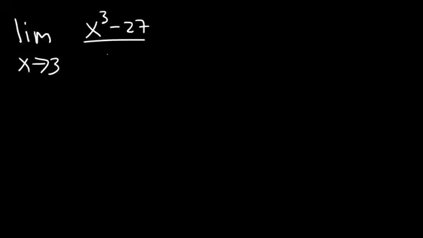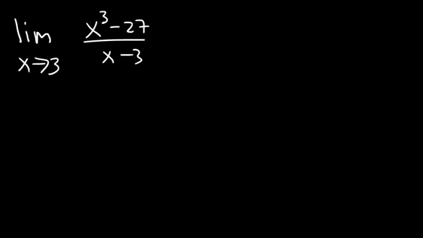But now what about this one? What is the limit as x approaches 3 of x cubed minus 27 over x minus 3? Now if we try to plug in 3, it's going to be 0 over 0, so we don't want to do that. In this case, if you have a fraction like this, see if you can factor the expression. So how can we factor x cubed minus 27?